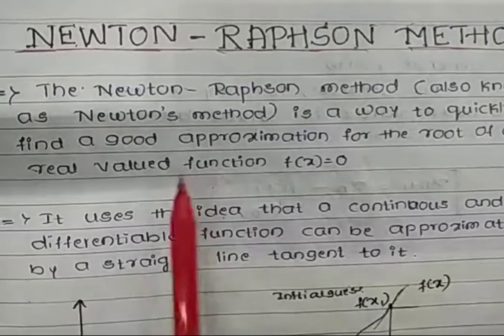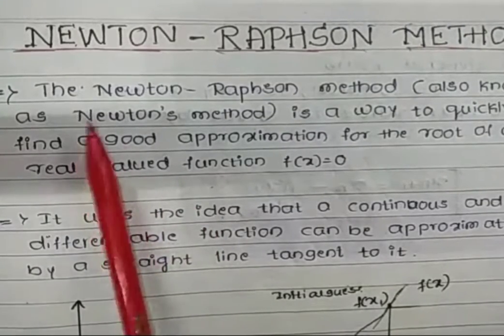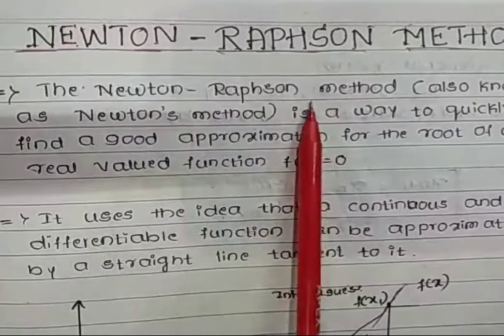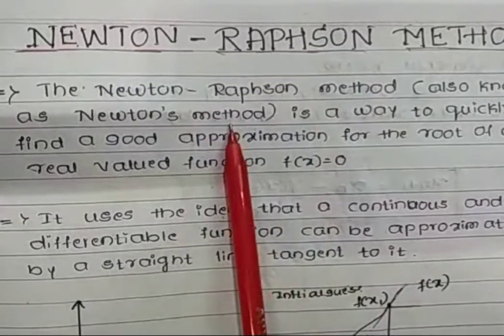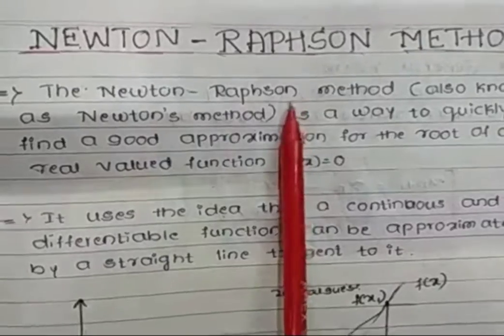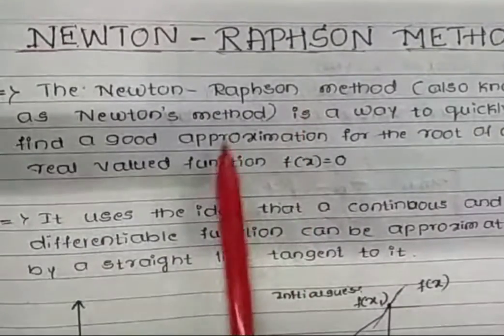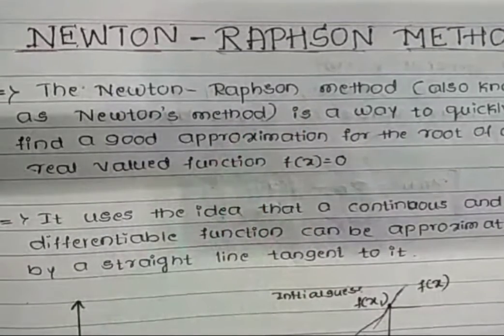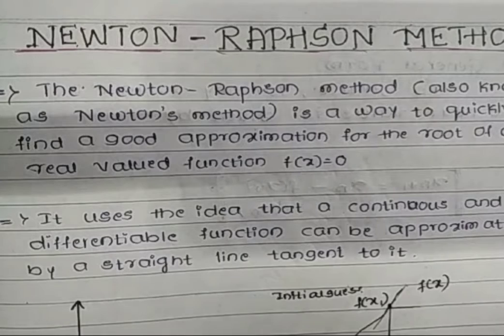This Newton-Raphson method is also known as Newton's method, and in this we can calculate the approximation very quickly, meaning within the first or second approximation we almost get our answer.